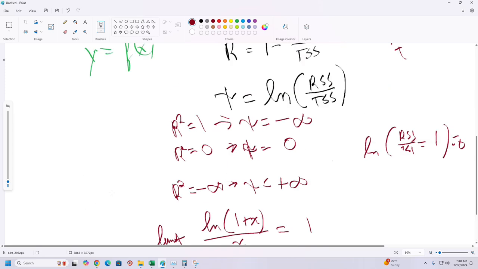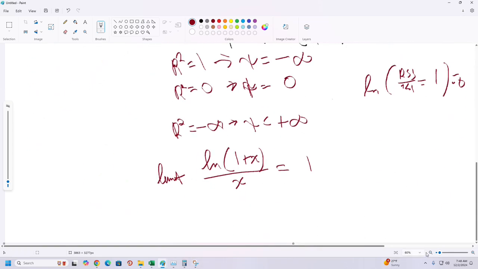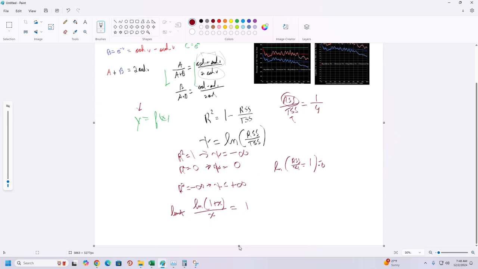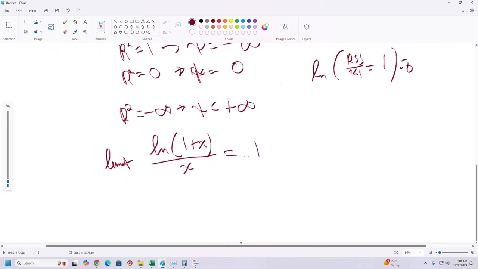Now, we never actually use positive and negative infinity. We just say very large or very small. So what does that mean? And this is actually fundamental for other things too, this identity. It just says that ln of 1 plus x equals x for very small x.